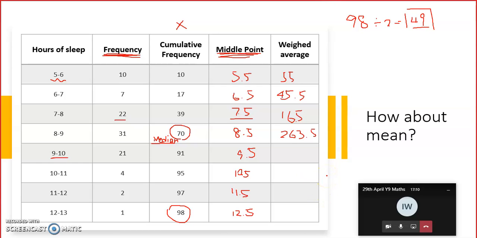So we just use 21 to multiply 9.5. Do you have a calculator with you? So how much do we get?